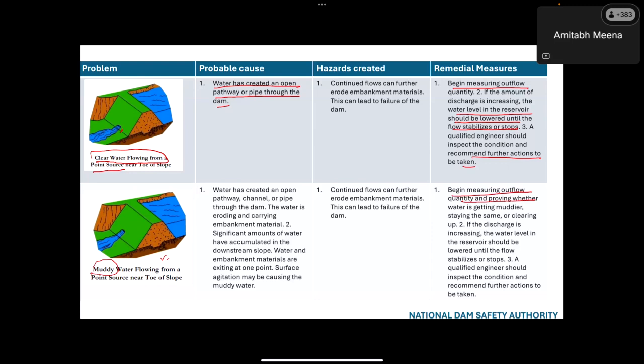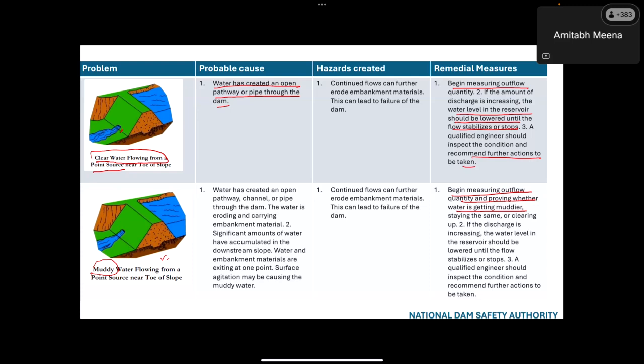Therefore, measurement is very important to avoid this subjectivity. So begin measuring outflow quantity and observing whether the water is getting muddier. If the water is getting muddier, it means it is bringing along soil particles, which can collapse the dam very quickly.